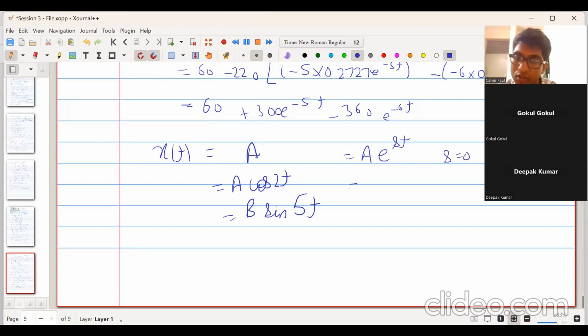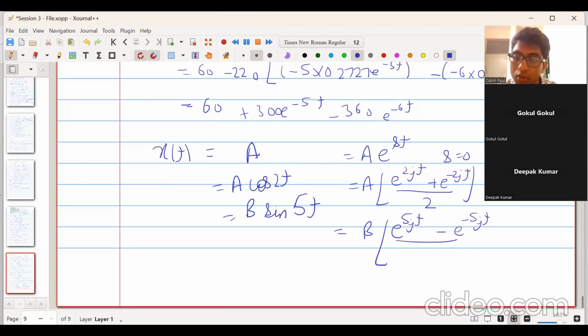Here, a into cos of 2t is written as e to the power 2jt plus e to the power minus 2jt upon 2. Over here, it is written as b into e to the power 5jt minus e to the power minus 5jt upon 2j. This is how we write it.